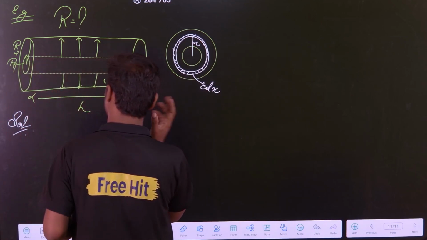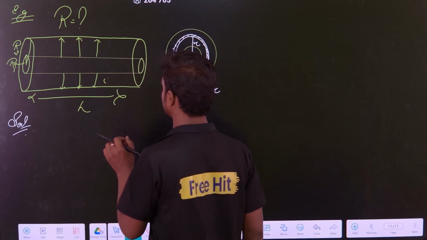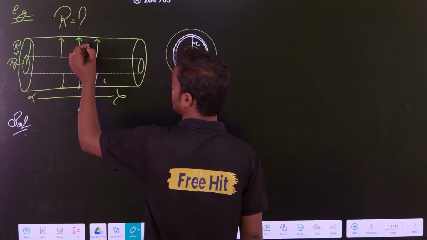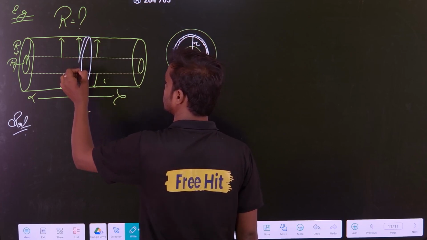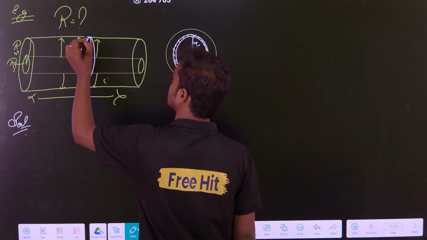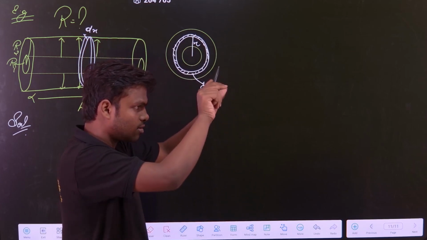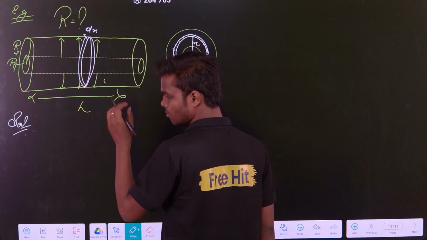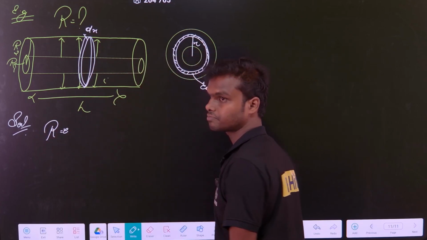It is a small ring type. For this I will write the resistance. I am cutting a small strip here, whose thickness is dx. Now for this strip try to write the resistance R. R is equal to, how will you write?